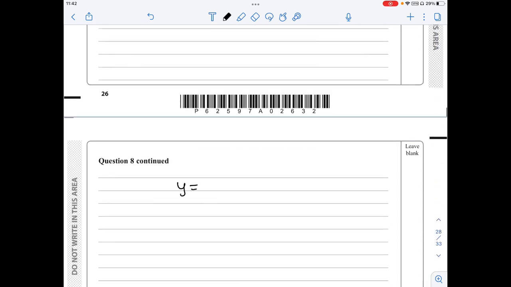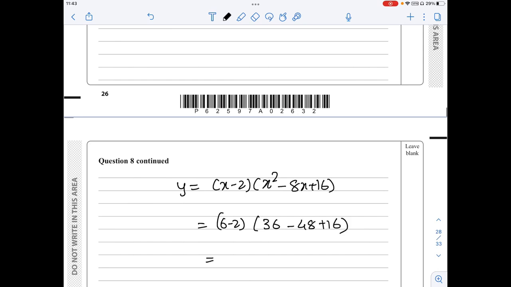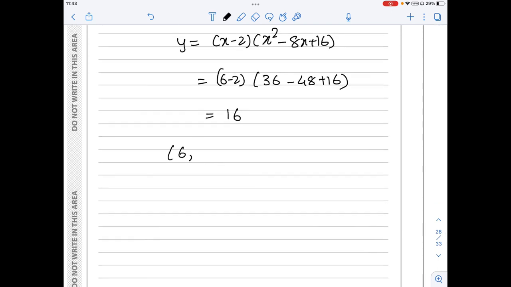So we know that y equals to (x minus 2) times (x square minus 8x plus 16). So plug in x equals to 6: (6 minus 2) times (36 minus 48 plus 16), which is nothing but how much? 16. So the point is (6, 16) and the gradient we got is 20.